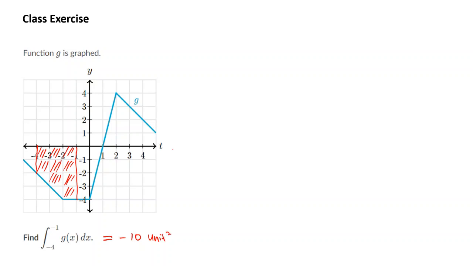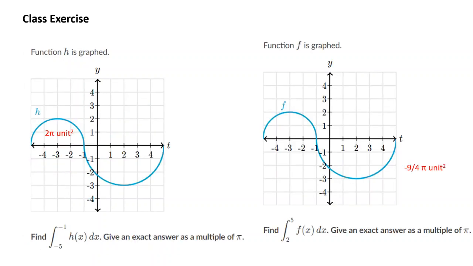We have another example here. For the one on the left, find the area under the curve of h(x) from -1 to -5. Where is -1? -1 is here, and -5 is here. So what will be the area under this? We can easily see this is half of a circle.